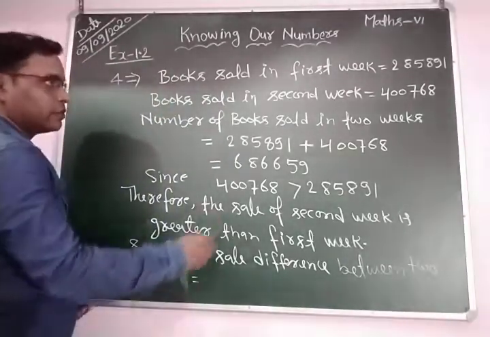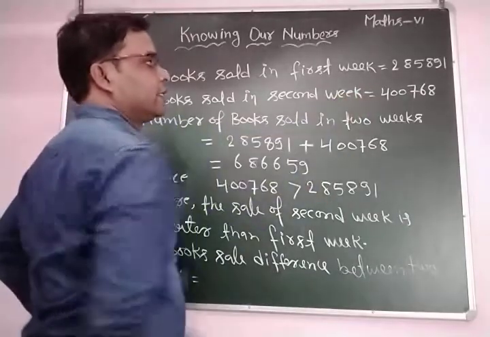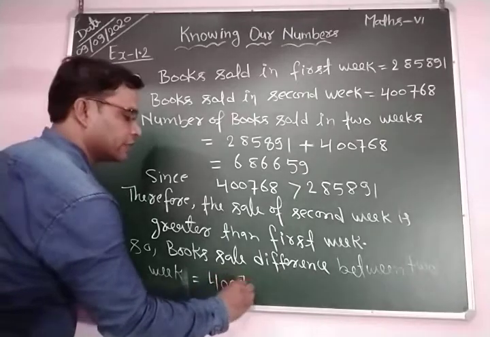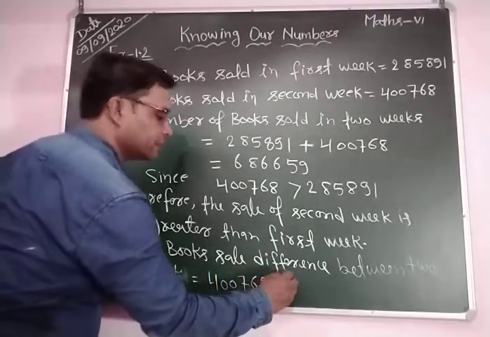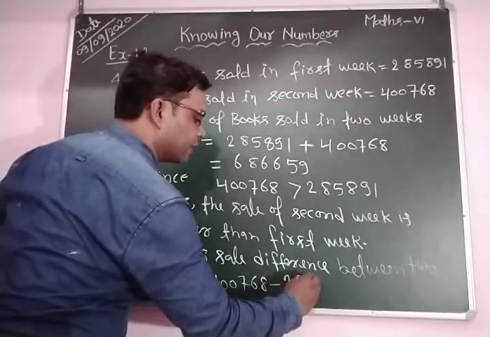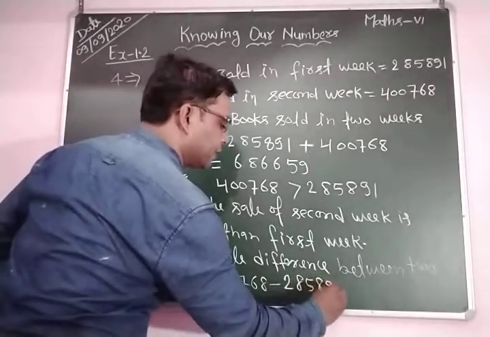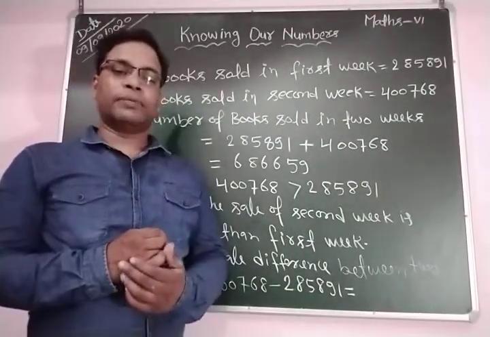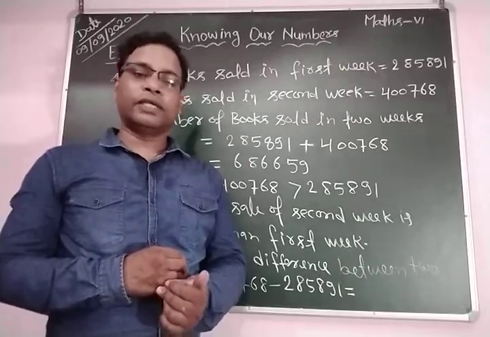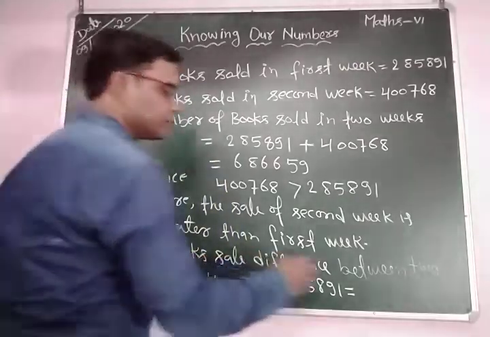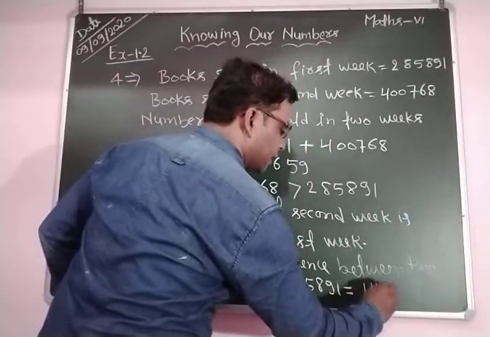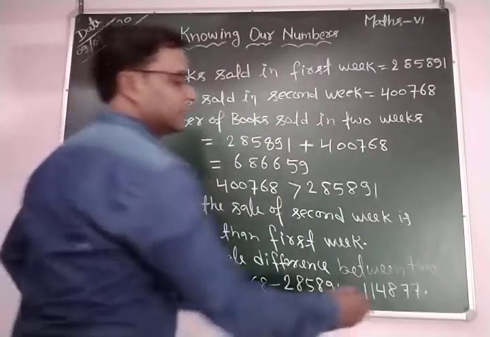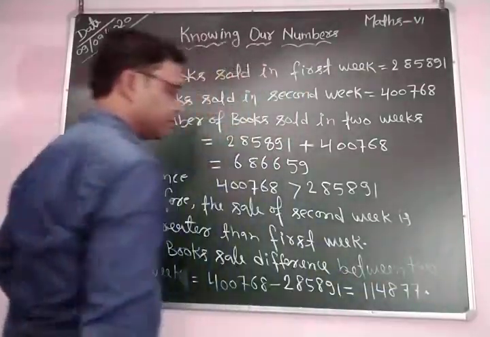You know very well 4 lakh is greater than 2 lakh, so you can write here 4 lakh 768 minus 2 lakh 85,891. If you subtract them, then you obtain 1,14,877. Okay, this is your answer. This is the last answer of this question.